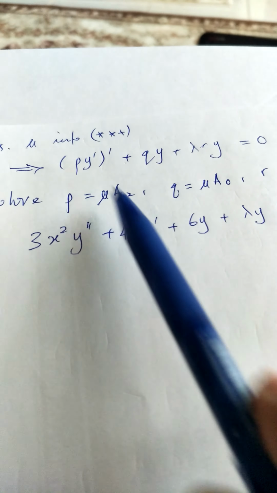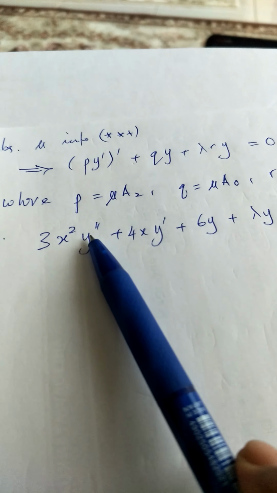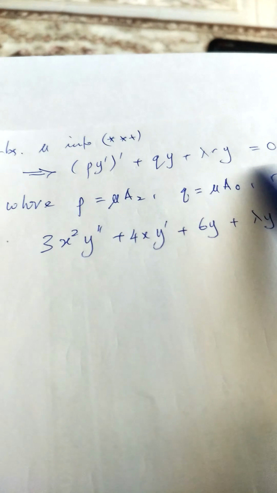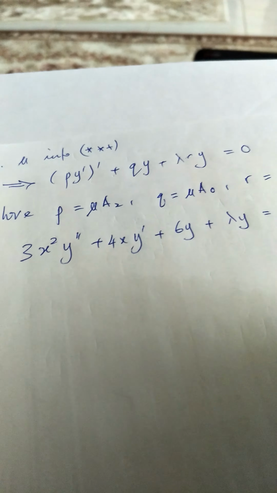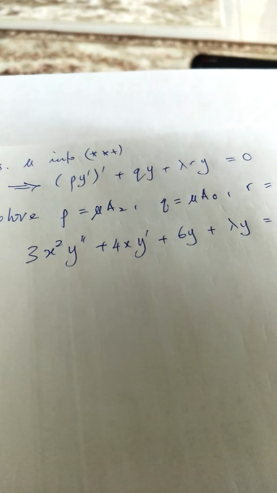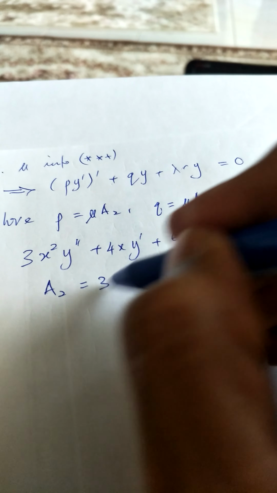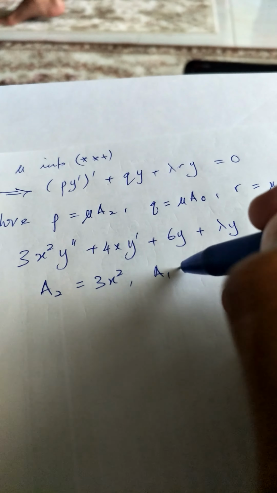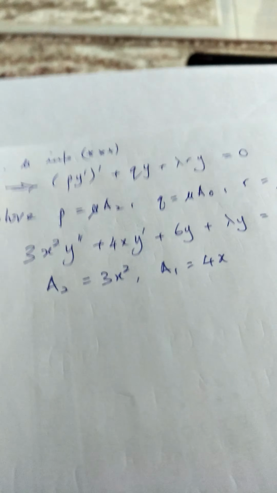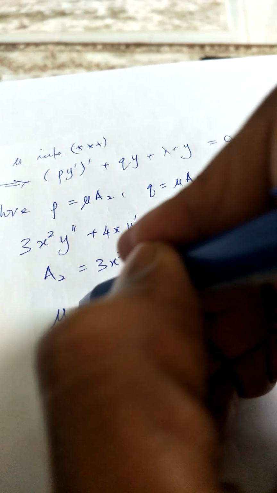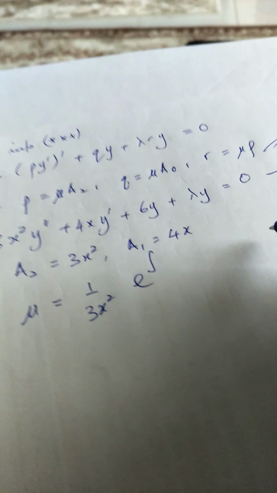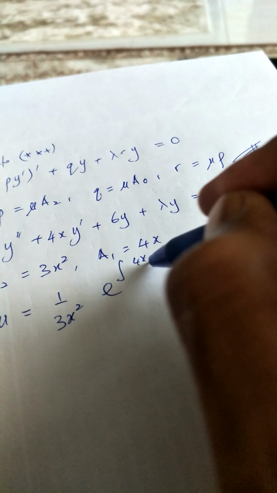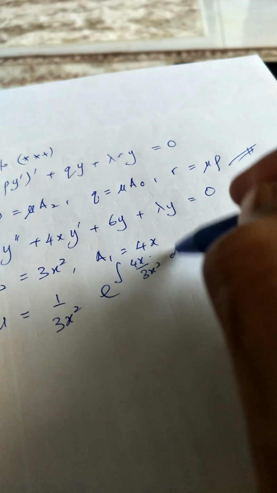Now we want to write this equation in the form of the Sturm-Liouville equation. Comparing with the general second order differential equation, we have A2 equal to 3x squared, A1 equal to 4x, and you can find the integrating factor nu given as 1 over 3x squared e to the integral of A1 over A2, so 4x over 3x squared dx.